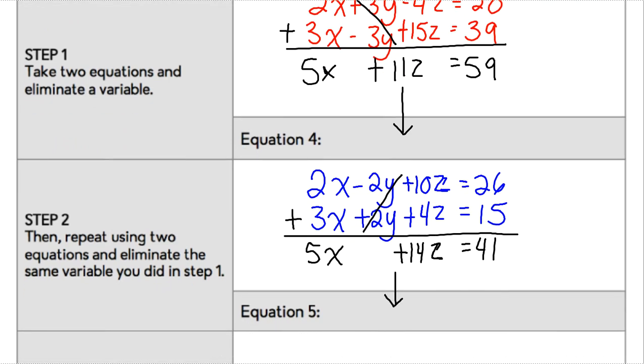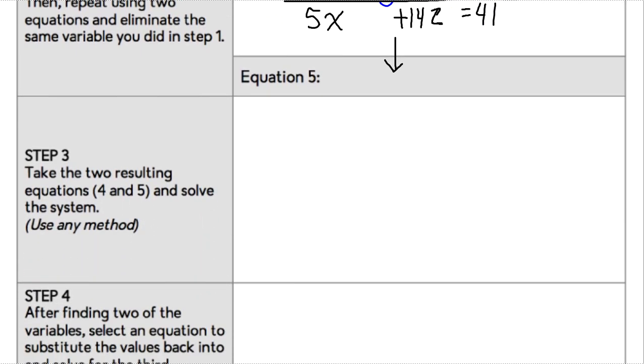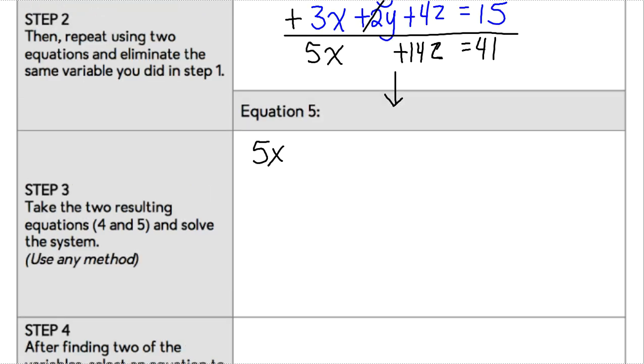So equation 4 and 5 we created by eliminating one of the variables. Now I have 2 equations, 4 and 5, that are 2 variable equations, so I can eliminate with those. So we are going to take that first equation that we came up with, which was equation 4 that we wrote up above. It is 5x plus 11z equals 59.